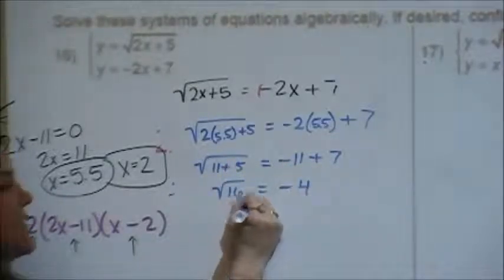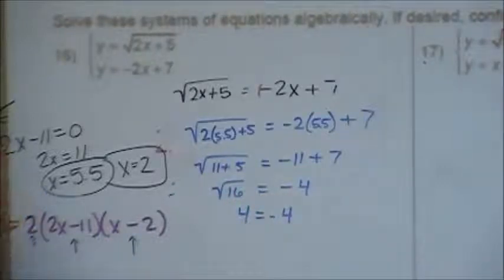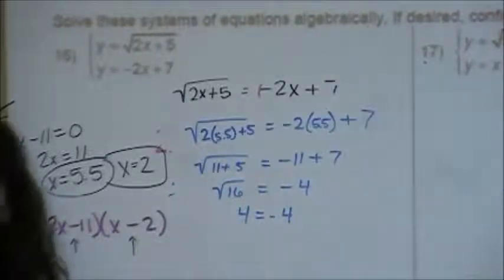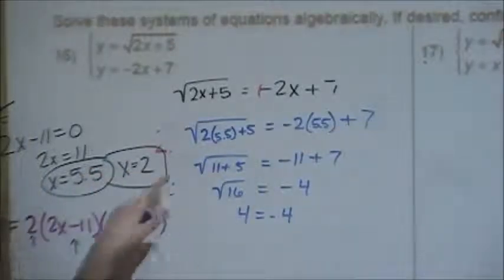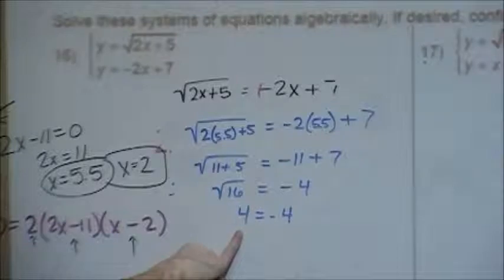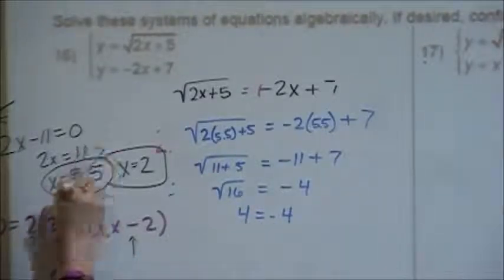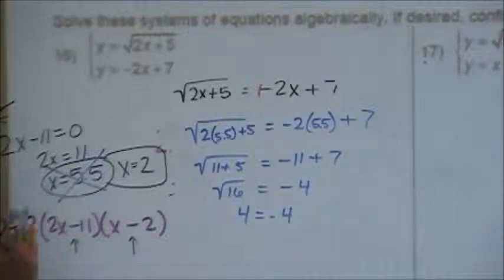The square root of 16 is 4. Now yes, when you take a square root, you can get both positive and negative 4, but remember when you're checking these, you check against the primary root only. So when I take the square root of 16, it gives me 4, and 4 does not equal negative 4. So even though I got 5.5, it's an extraneous root. And I don't have to find the ordered pair for that one.